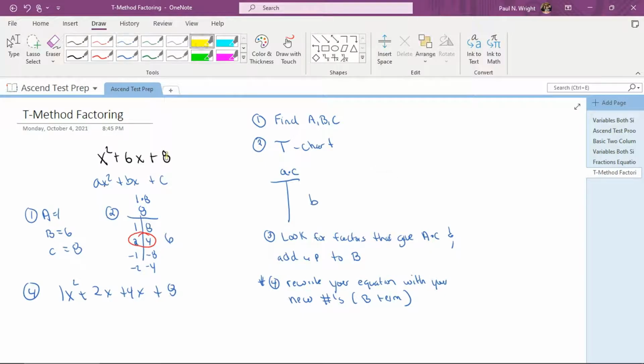And if you look closely, here's my 8 in yellow. Here's my 1x squared right here. And if I get right here, 2x plus 4x, that really is 6x. I have not changed the problem. I've just manipulated it to help me out. If I were to collect my like terms in blue, I would be right back where I started from.